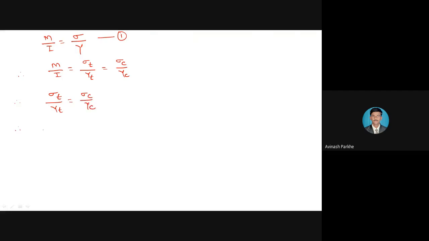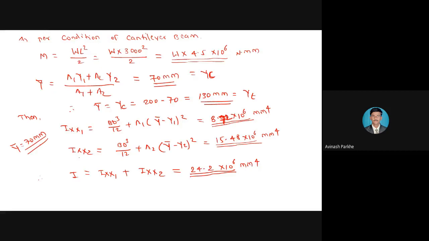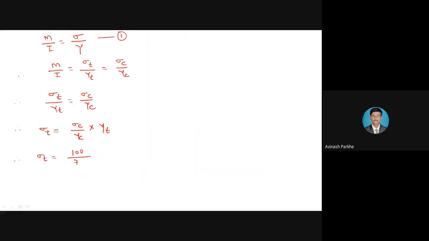Okay. Here, if I have to calculate the sigma T, so I will write the equation sigma C upon Yc into Yt. So while calculating the sigma T, take this sigma C which is given in the statement. किती दिलाय? 100 megapascal. What is the Yc distance? Yc distance is equal to 70. Yt distance is 130.